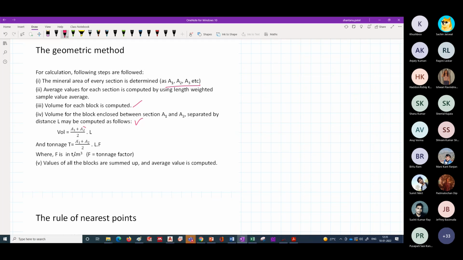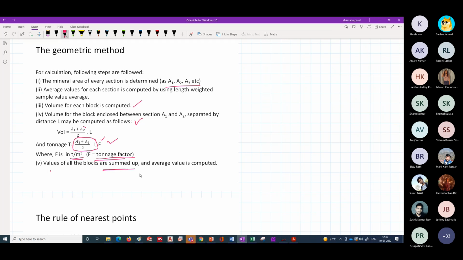The total tonnage can be calculated as T equals A1 plus A2 by 2 into length, which is the volume, times F. F is the tonnage factor, in tons per meter cube. If you have iron ore of a given tons per meter cube, you can calculate the total tonnage. Similarly, you calculate the value for all the blocks and sum them up.